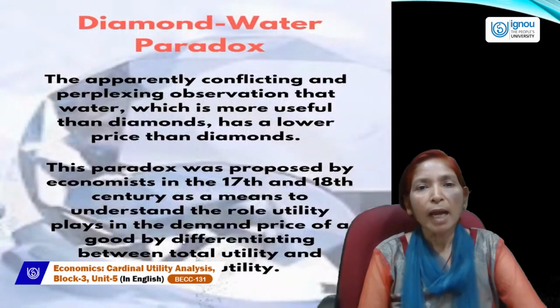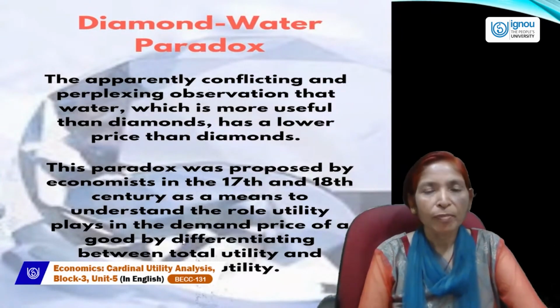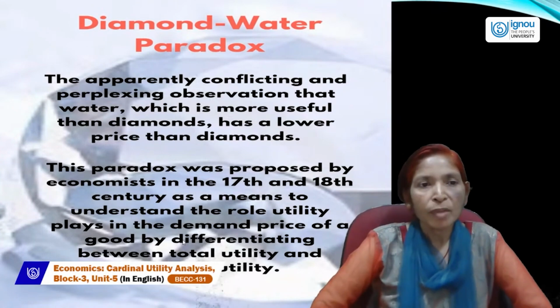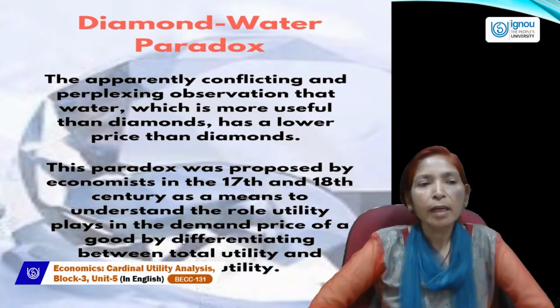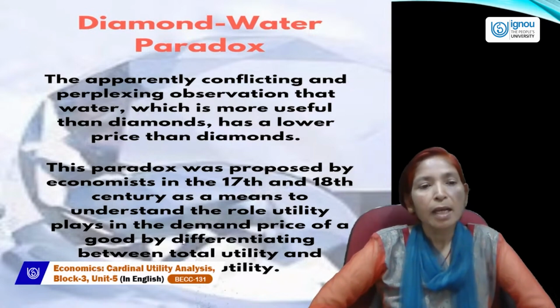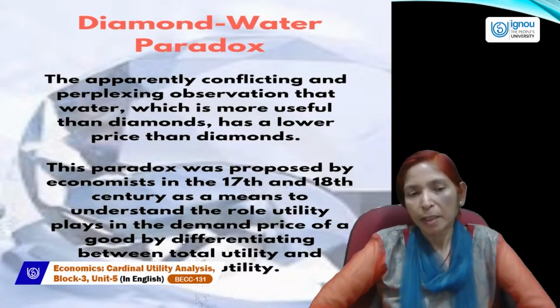Next is the diamond-water paradox. This is also based on utility analysis theory. The apparently conflicting and perplexing observation that water, which is very useful, has a lower price than diamond.